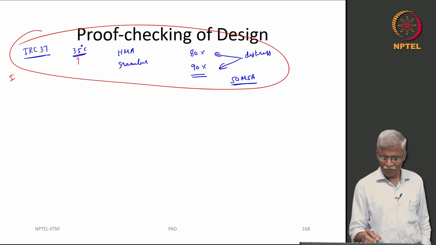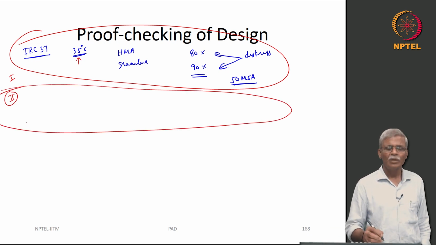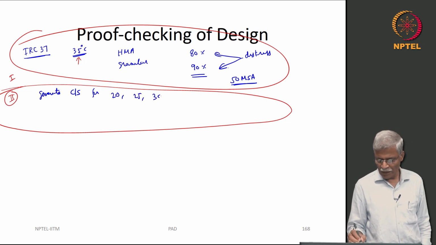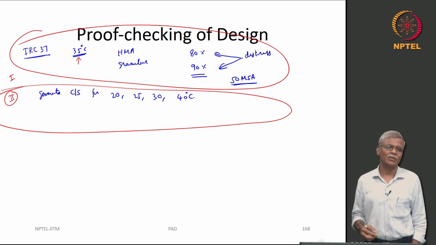Now, but this is all done for 35 degrees centigrade. What should I do for other temperatures? So, generate cross sections for 20, 25, 30 and 40 degrees centigrade. How smart we are in generating these cross sections.